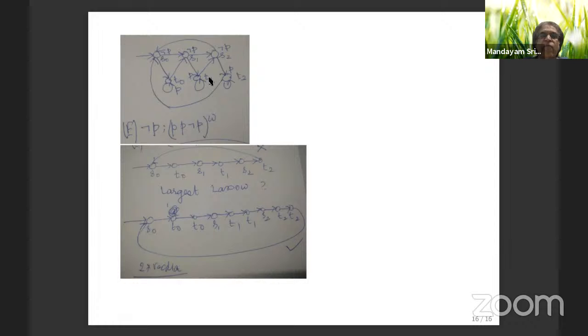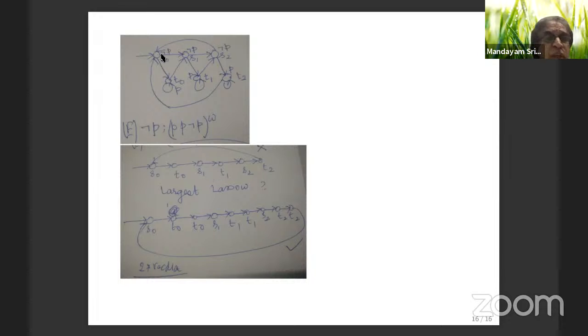I have fixed the transition system such that, obviously, if you look at the largest lasso, this is the largest lasso without any repeated states.